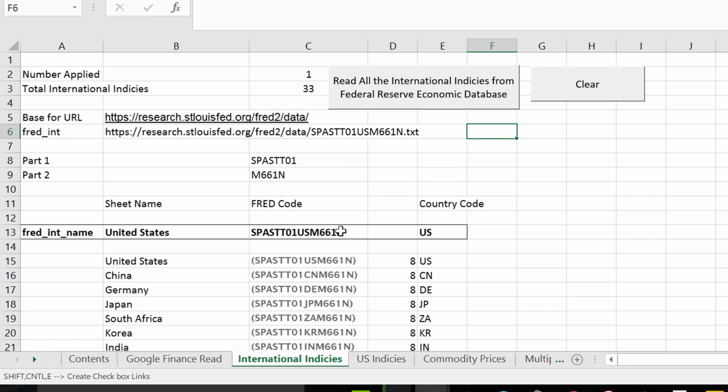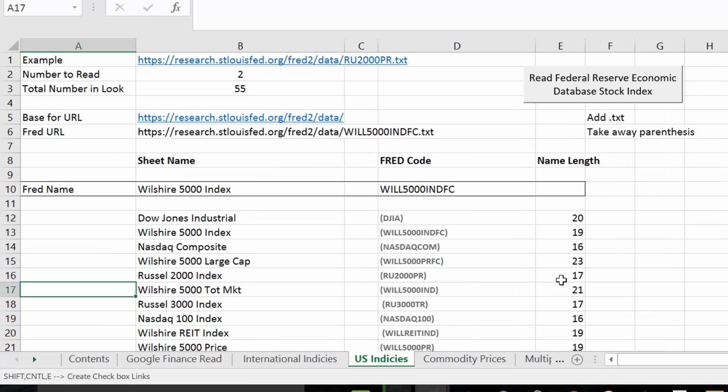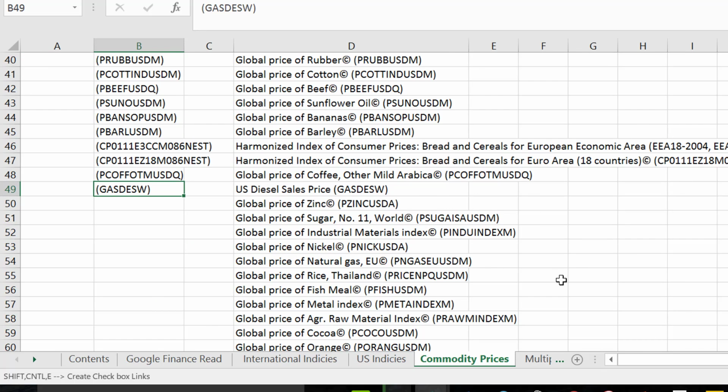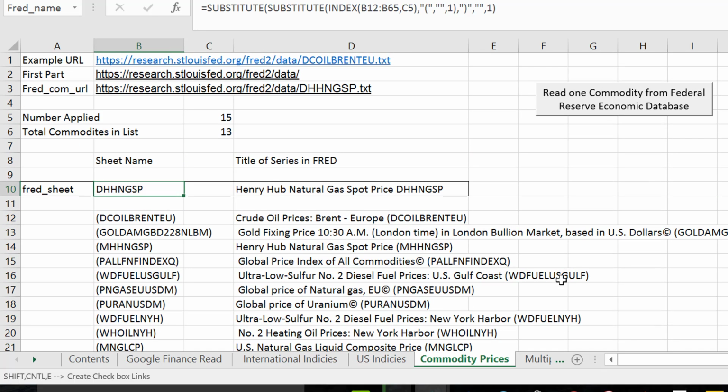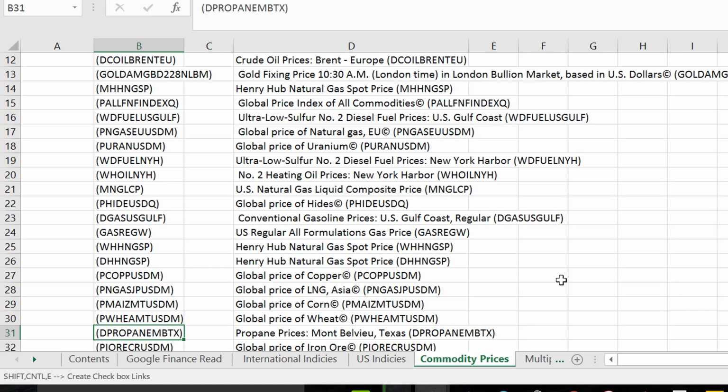We just need to get this little code, and we put it together and make a little loop that reads them all in, and we have all these international stock price indices. There's another page with the US indices. And then we have commodity prices: the price of oil, the price of gas, or if you've got an agriculture business, the price of agriculture.